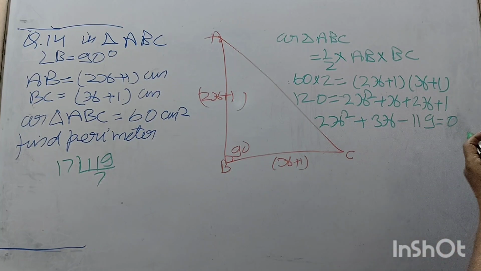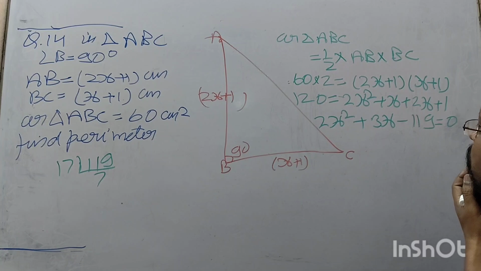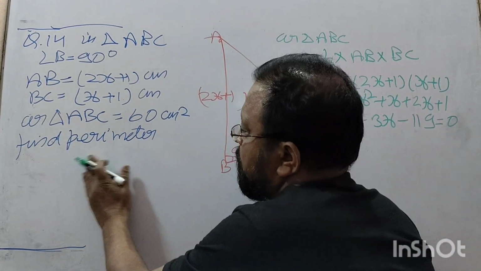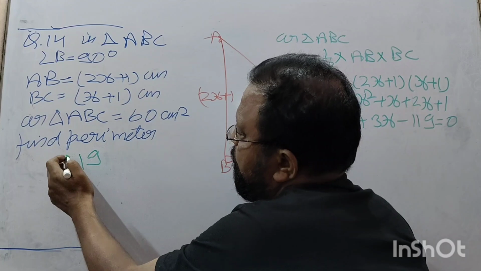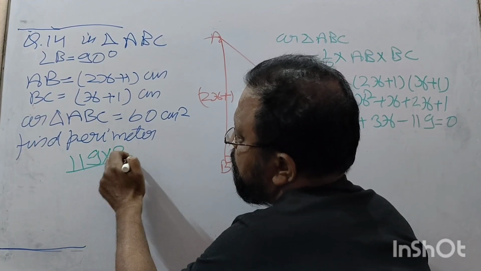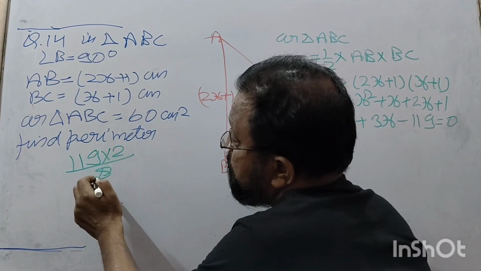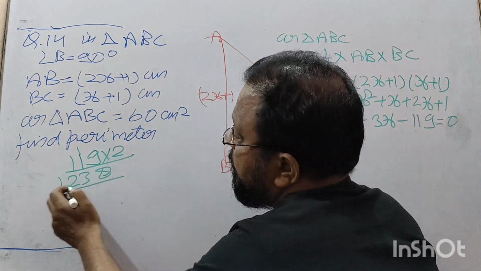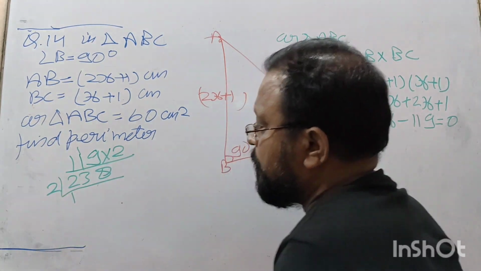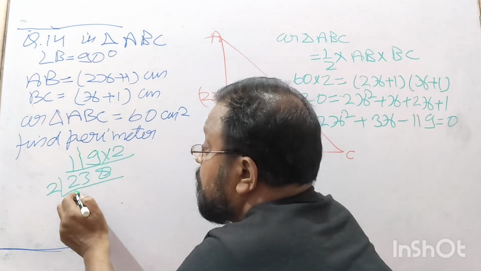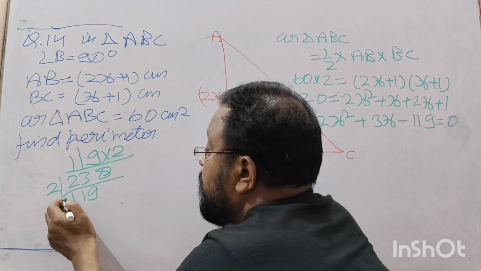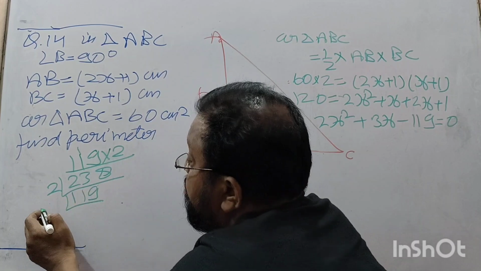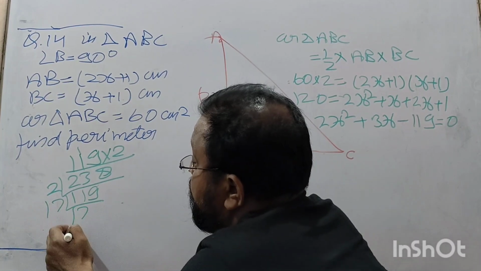Now 119 into 2: 9 times 2 becomes 18, 238. 238 divided by 2, 119. 17 times 7.